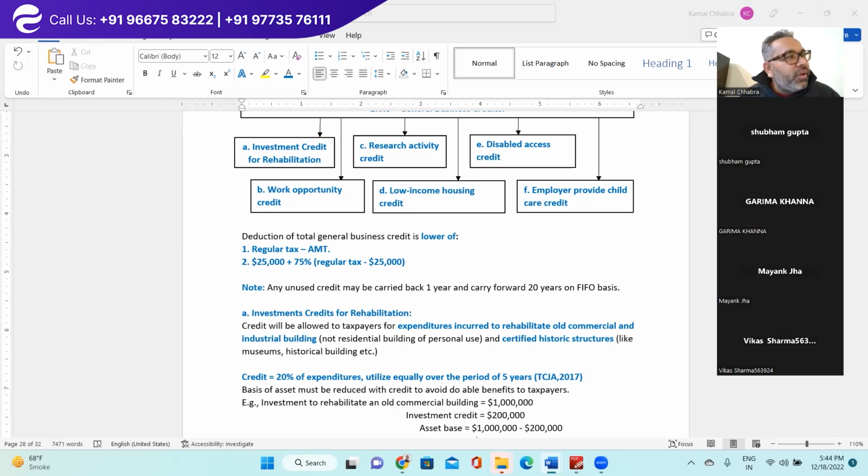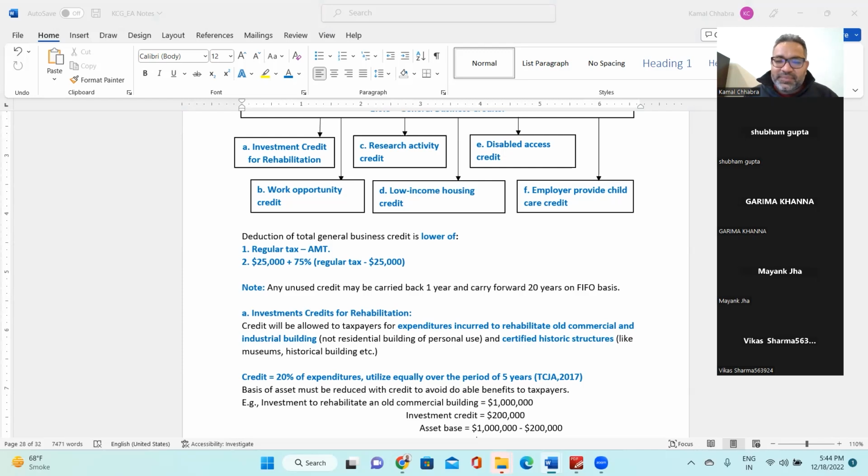But how will you be utilizing it over the period of 5 years? 20% each year. For example, if we have spent $1 million, 20% of that is allowed as investment credit for rehabilitation, right? So that is $200,000.